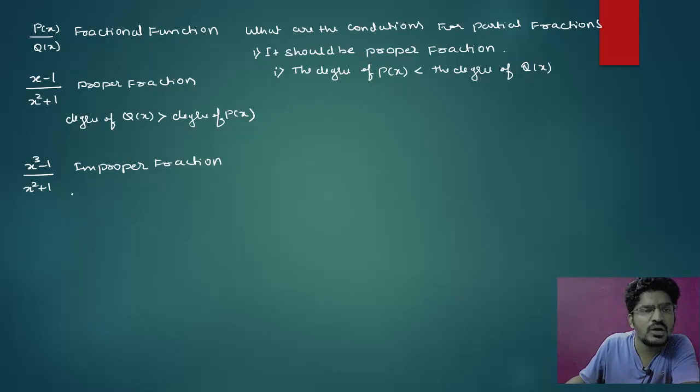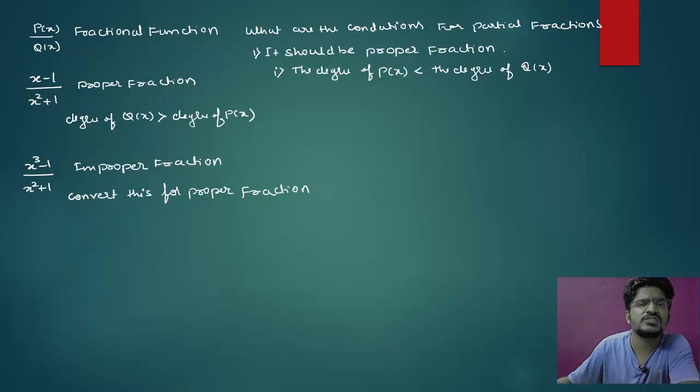We have to convert this to a proper fraction. Clear? How to convert this to a proper fraction? That is also a question. You have to use the long division method.